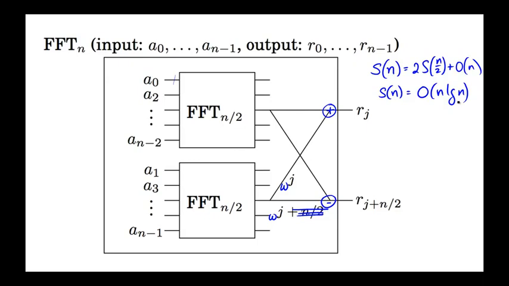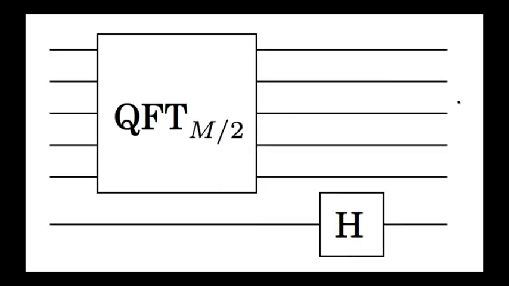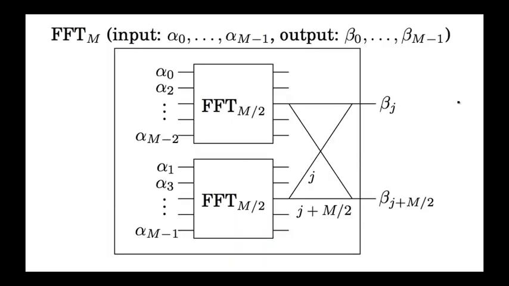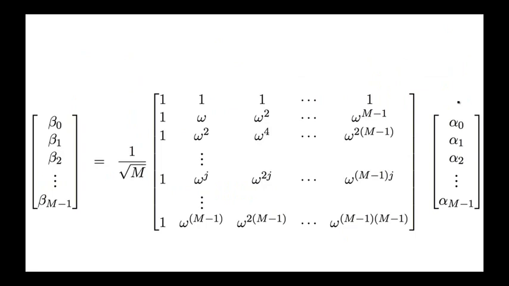So now let's apply this in the quantum setting. Let's go back and reinterpret everything. Now I'm going to switch from n to capital M. We'll think of capital M as being 2 to the little m.